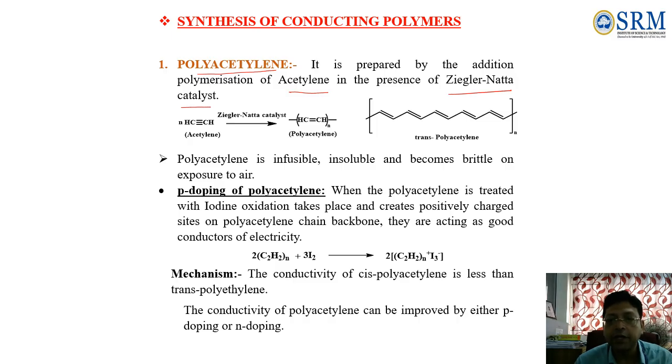There is a creation of positive charge in the backbone, and that is responsible for the enhancement of the conductivity. So we'll talk about the detailed mechanism of p-doping of polyacetylene, and the conductivity of cis polyacetylene is less than trans polyacetylene.